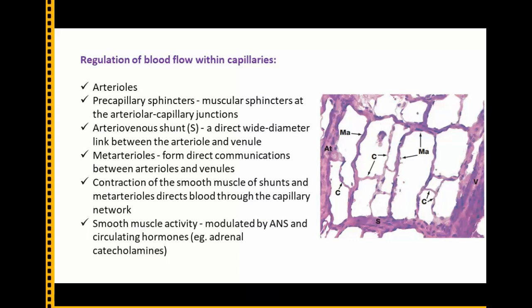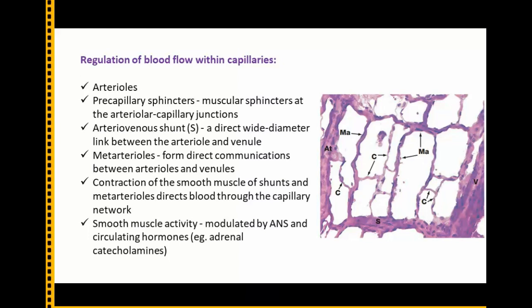And there are arterial venous shunts. These shunts connect the arterioles with venules directly. And then there are meta-arterioles. They also form direct communications between arterioles and venules without going through the capillaries.